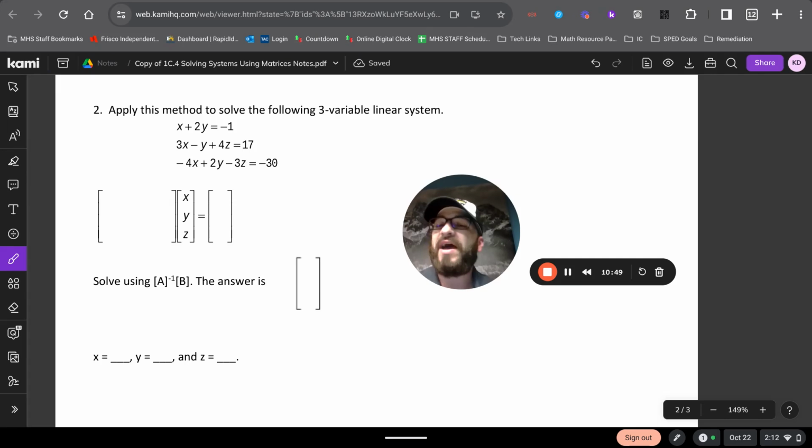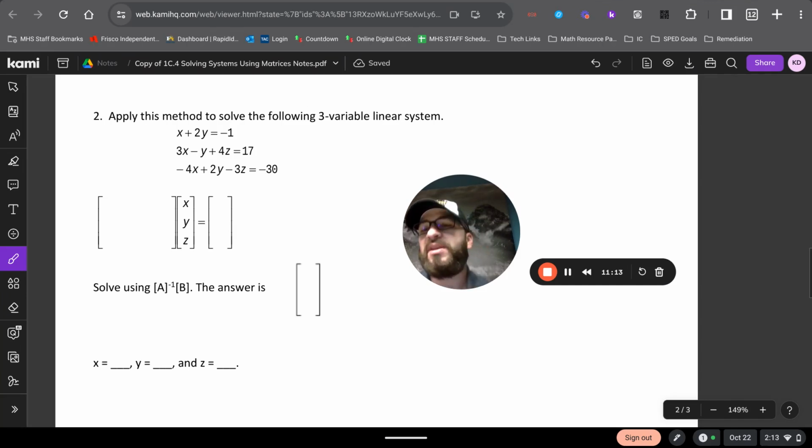So we have x plus 2y is equal to -1, 3x minus y plus 4z is equal to 17, and negative 4x plus 2y minus 3z is equal to -30. Okay, so first and foremost, just like I did last time, I want to go ahead and convert this into a system of equations represented as a matrix.